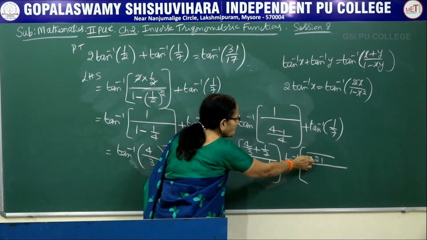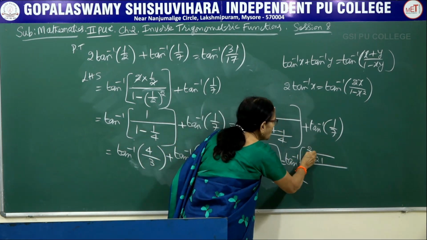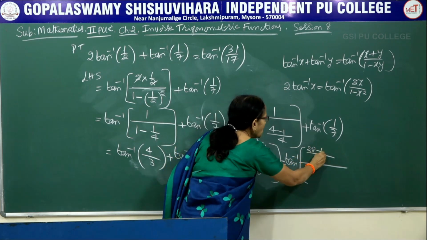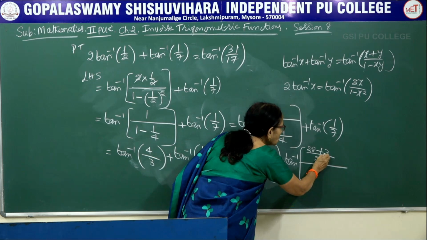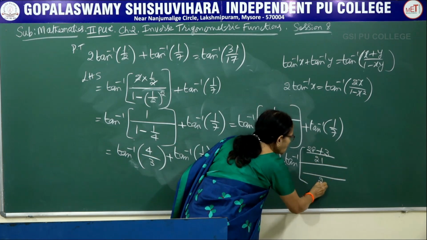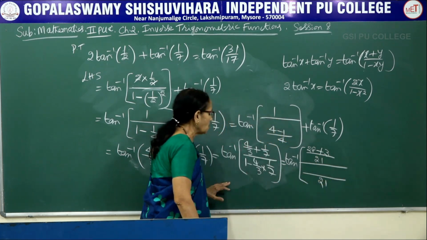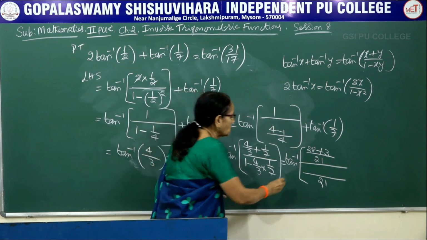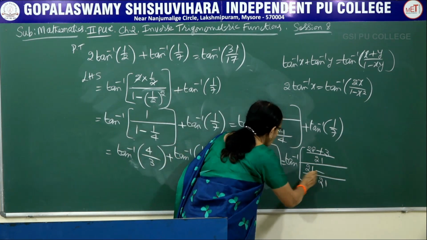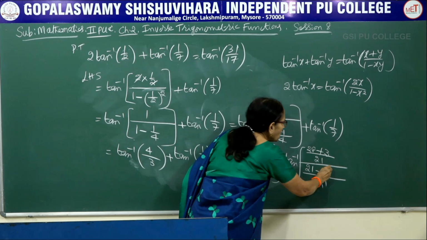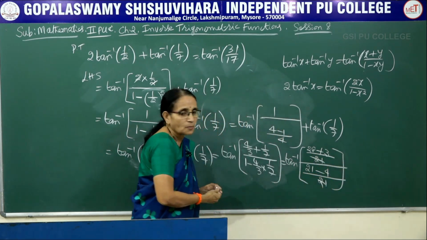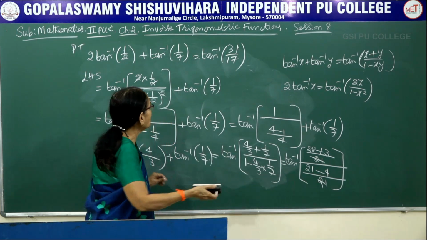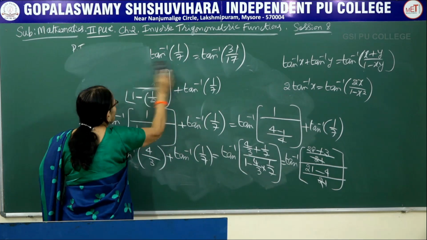Now 7 4s are 28 plus 3 1s are 3. In the denominator also the LCM is 21. Now 21 into 1 is 21, minus 4 into 1, that is 4. So here you can cancel 21 in the numerator as well as in the denominator.